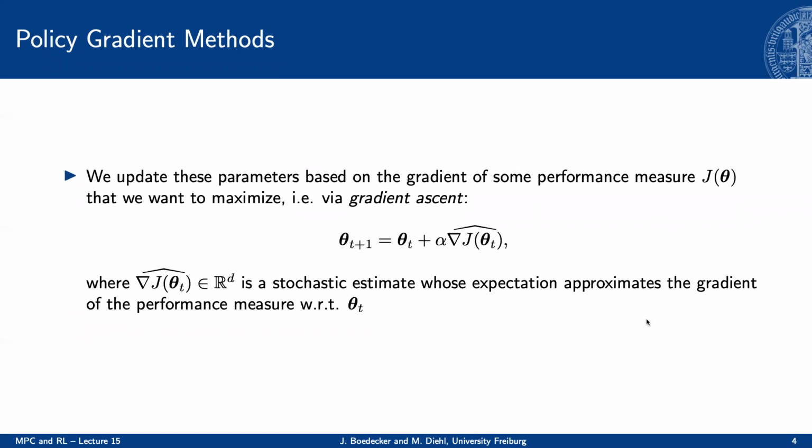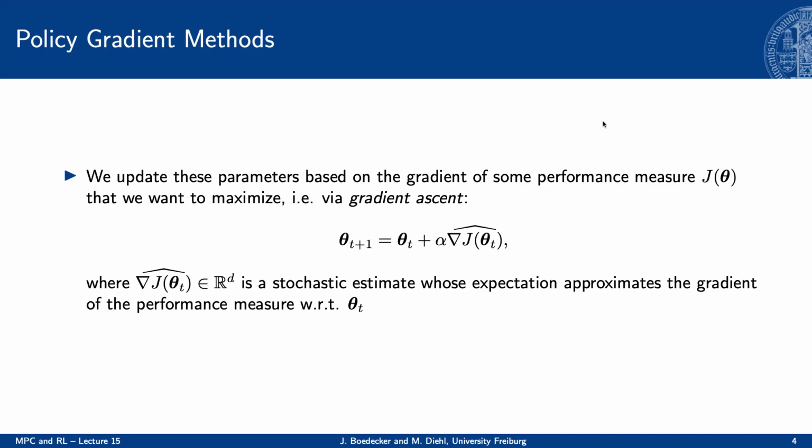Right, so the general idea is that, again, we want to use some form of gradient ascent in this case. We have some kind of performance measure that we call J that depends on the parameters of our function approximator for the policy. For this we will use parameters theta. In the end, we would like to update our policy parameters to do gradient ascent on the approximate gradient of our objective function.